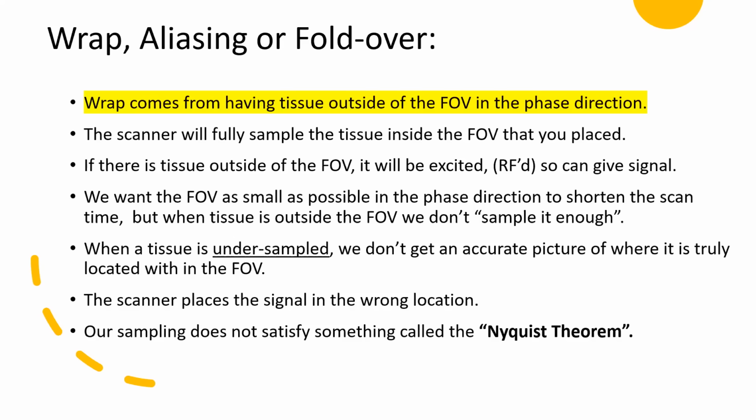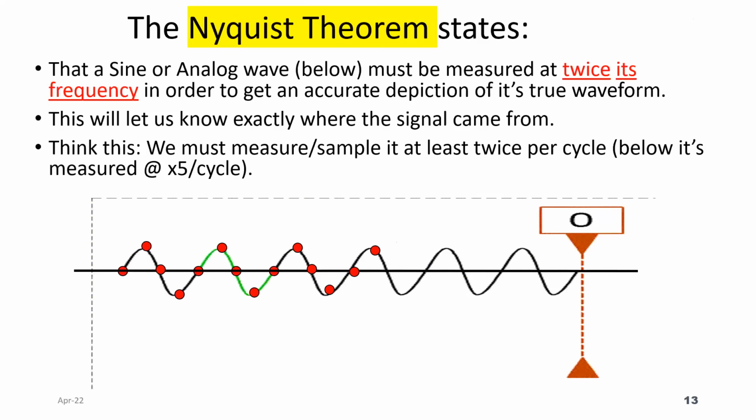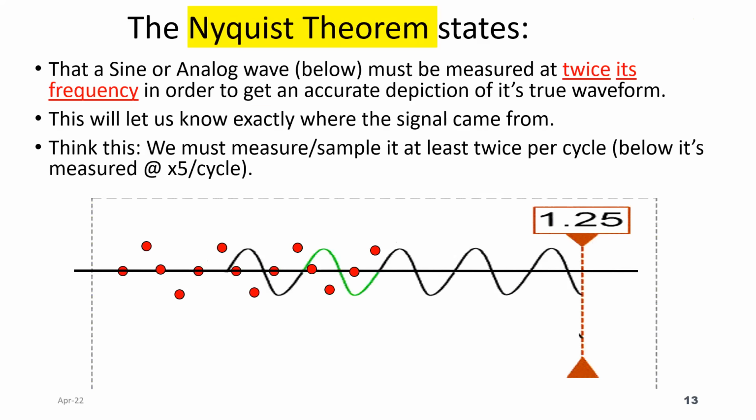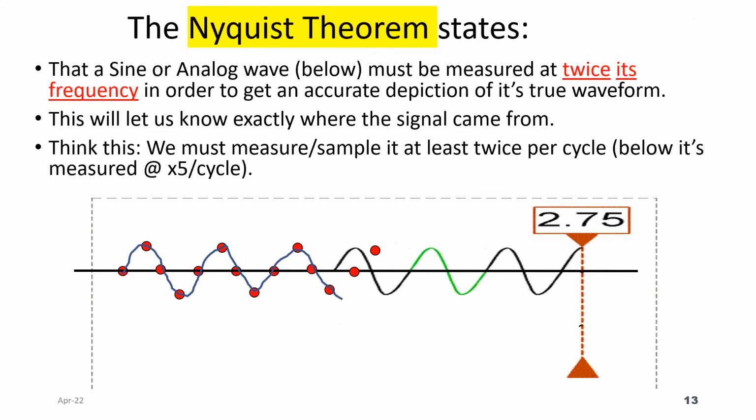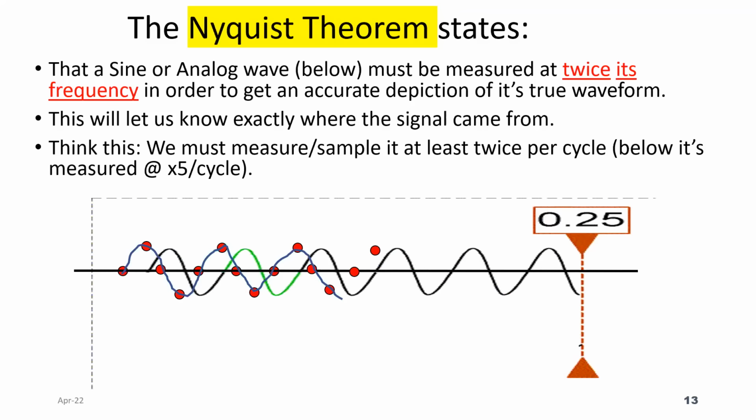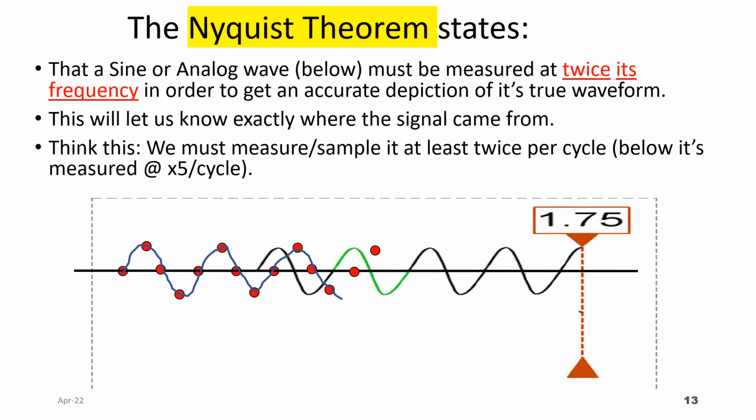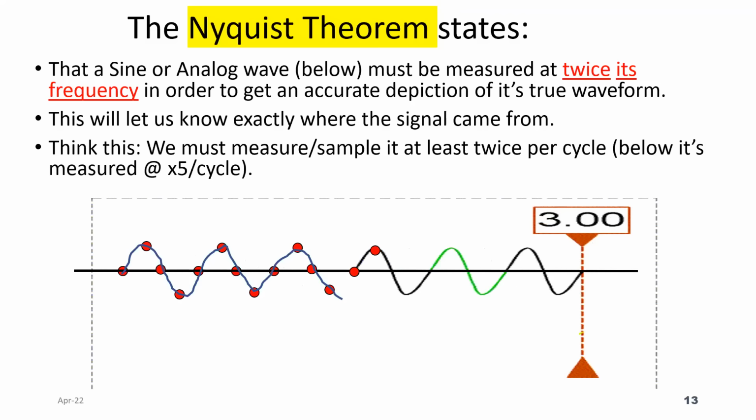Undersampling it, or not sampling it enough, does not satisfy something called the Nyquist theorem. The Nyquist theorem says you need to sample an analog wave at twice its frequency to get an accurate picture of its true form. You see that little sine wave that's moving from left to right.